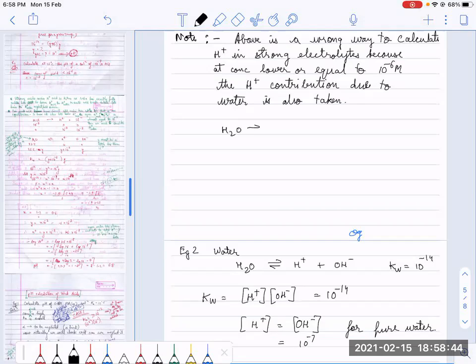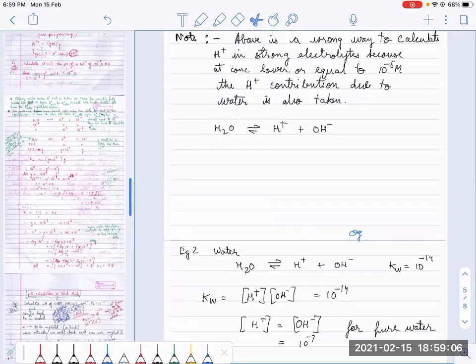Now we are going to write this equation. H2O gives H plus plus OH minus. This is the equilibrium equation because water is in equilibrium.